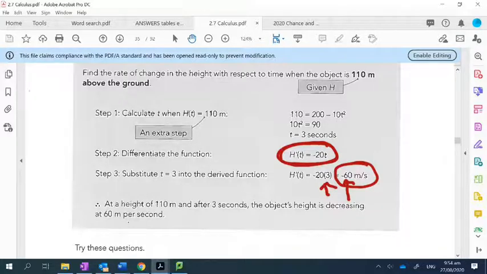Can that be possible? Yes, because it's meters per second. It's rate of change, and rate of change can be negative. That simply means it's decreasing at that point. So it's decreasing at a rate of so many meters per second. So after 3 seconds, the object height is decreasing.